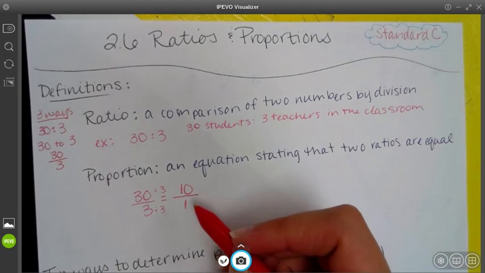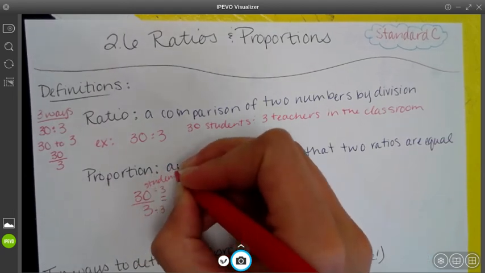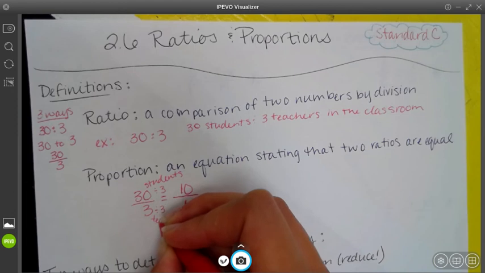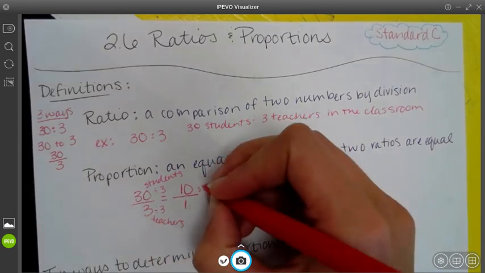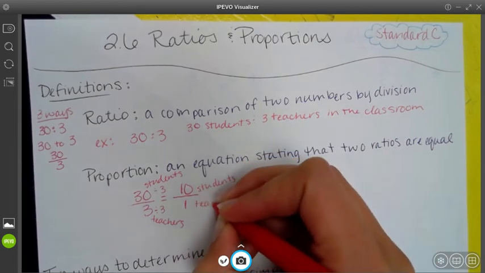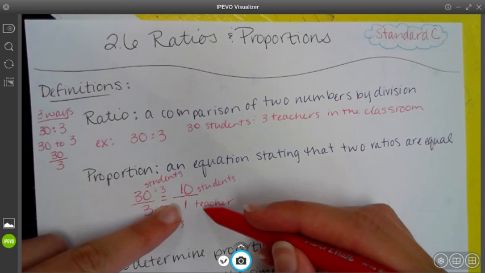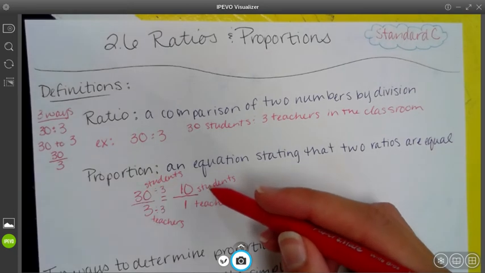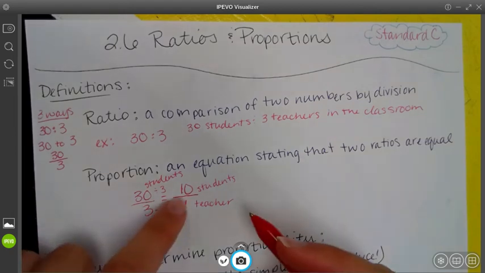The units stay the same. This was 30 students to 3 teachers. Now we have 10 students to 1 teacher. We just simplified it, so now we know for every teacher there are 10 students. That's really where proportions come in handy, simplifying your ratio to its simplest form.